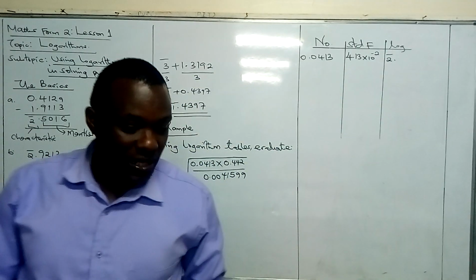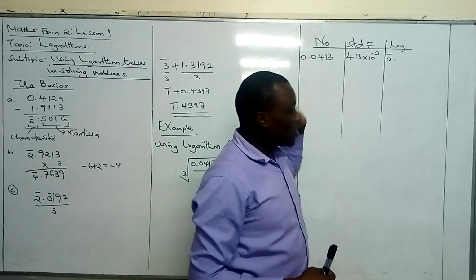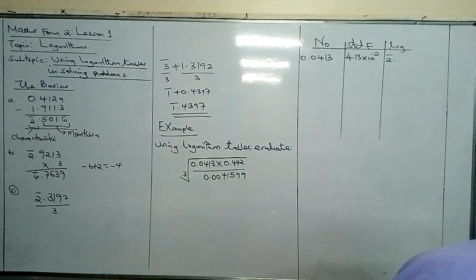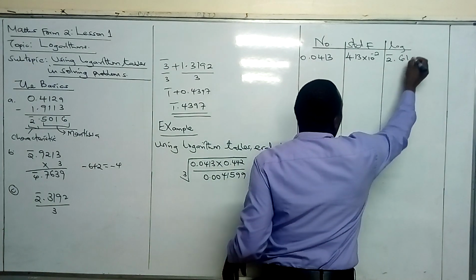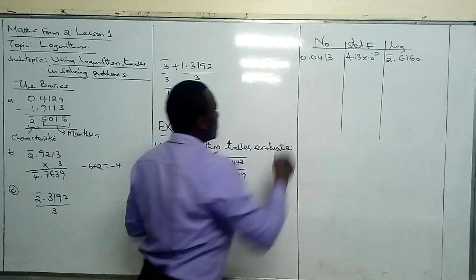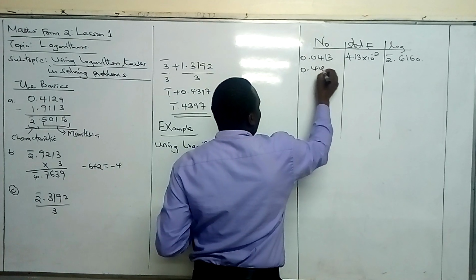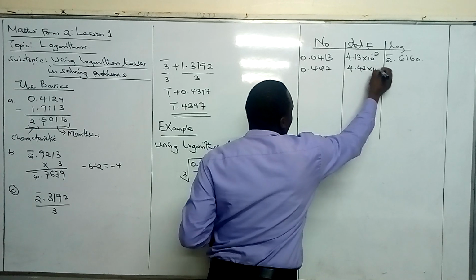So from our tables now, we find log 4.13, which is giving us 6160. Next number is 0.442. 0.442 in standard form is 4.42 times 10 raised power.